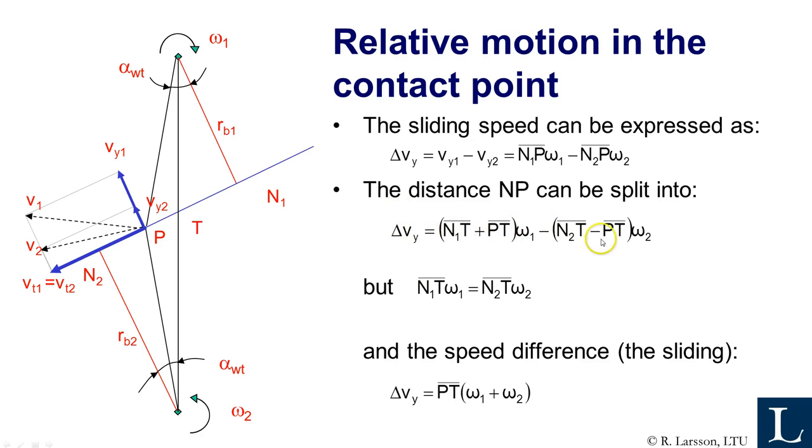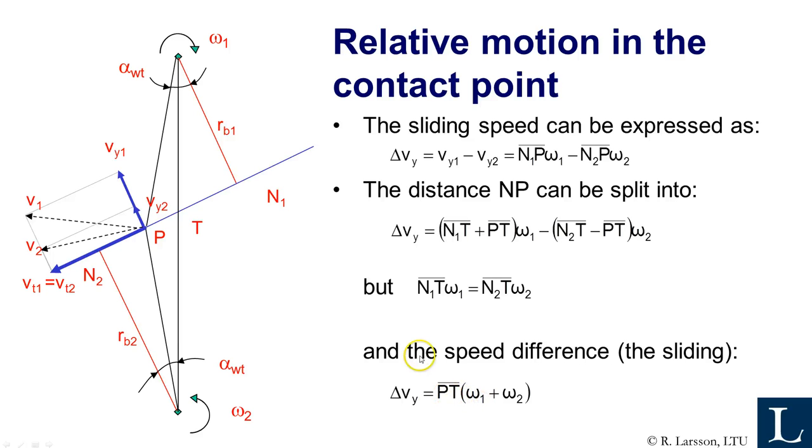So putting pt 0 here means that this should be 0, and then also n1t omega 1 must be equal to n2t omega 2. And making use of that expression in that one, we can see that the speed difference, the sliding speed, is simply pt multiplied by the sum of the omegas.